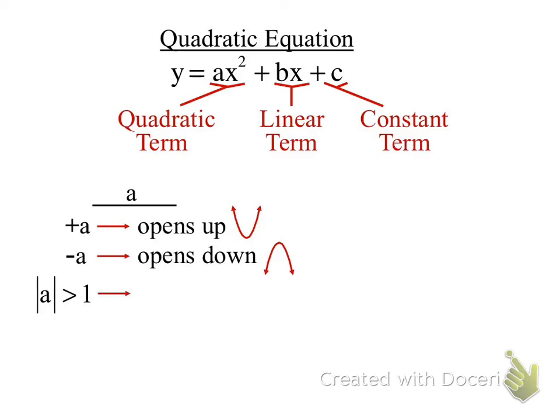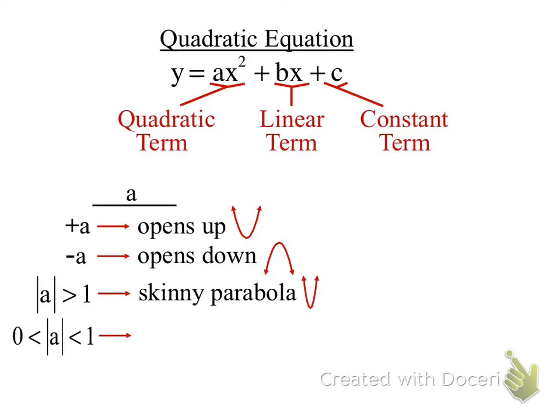And Michelle, if it's less than 1, and it has to be less than 1 but greater than 0, what kinds of numbers are those? Decimals or fractions. So if it's a decimal or fraction, we don't have to go less than 0 because the sign shows up or down. Anything that's a decimal is going to be a wide or a fat parabola.